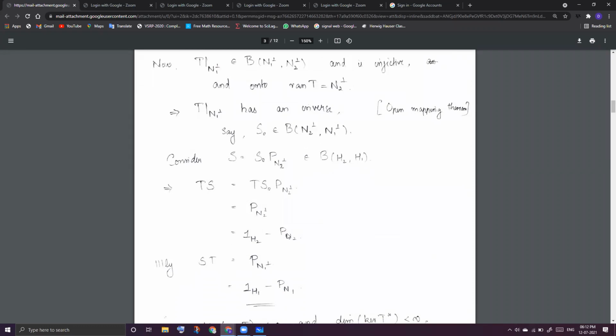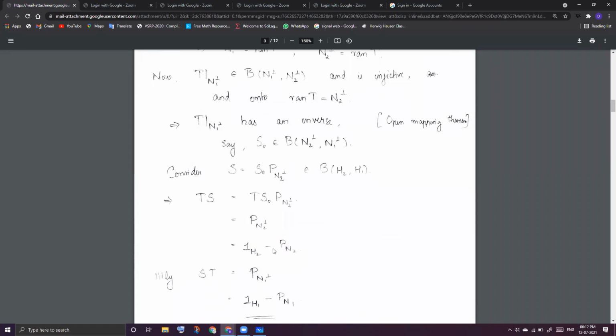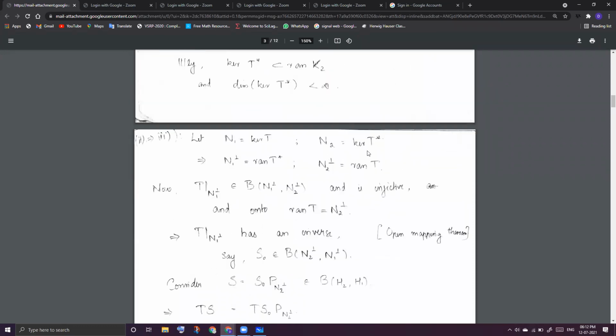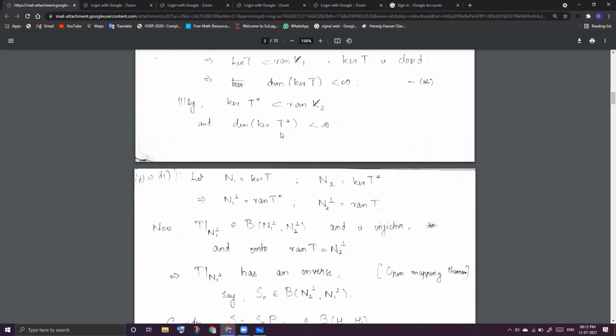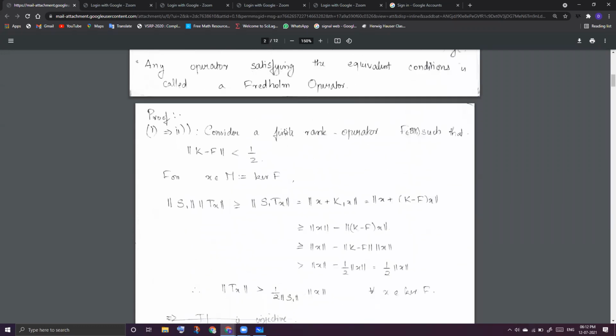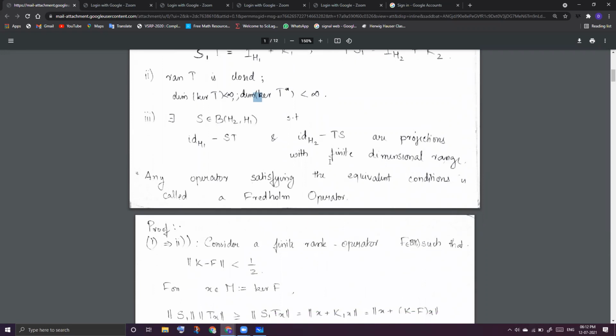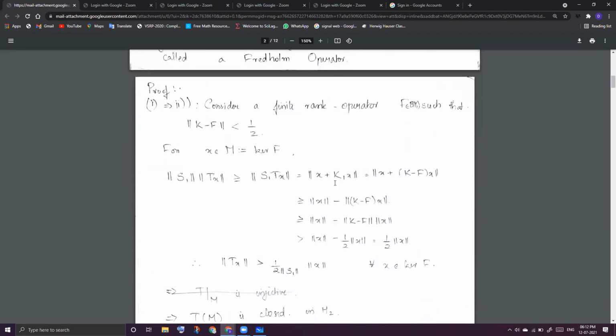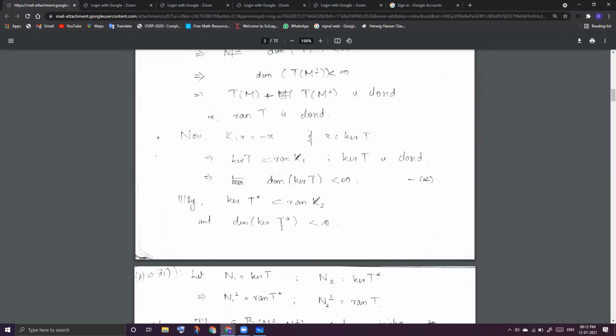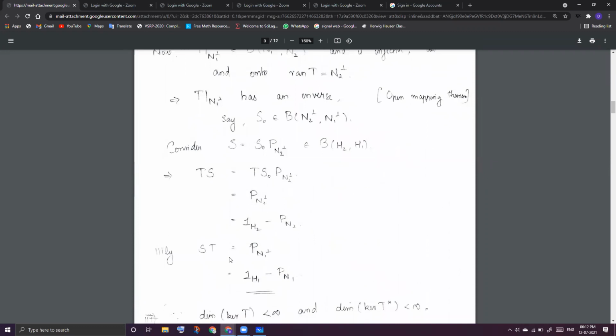So this is our requirement, because N2 was finite dimensional, since N2 was the kernel of T star, and by the second condition the dimension of the kernel of T star is less than infinity. So TS is the identity minus a projection that is finite rank.